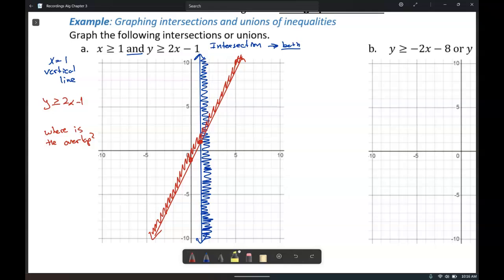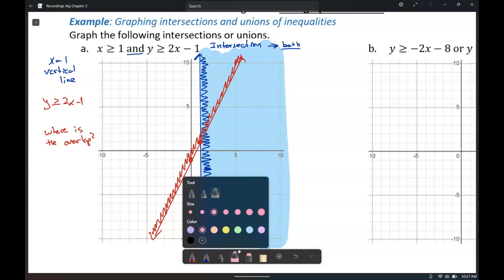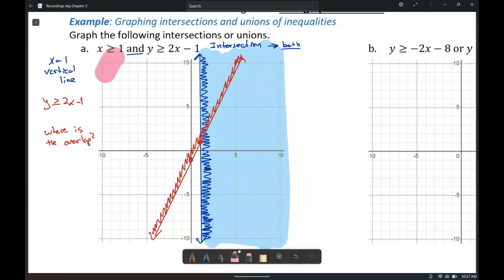Let me use the highlighter to help you visualize it. We're shading to the right of blue. That's our vertical line, x is greater than 1. Then we're shading above the line y is greater than or equal to 2x minus 1.